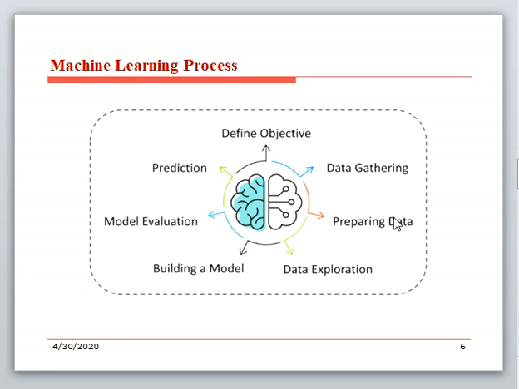After preparing the data, next we analyze that data according to the algorithm. After analyzing the data, I create a model. That particular model will behave according to the input algorithm. After building that model, I evaluate its performance.